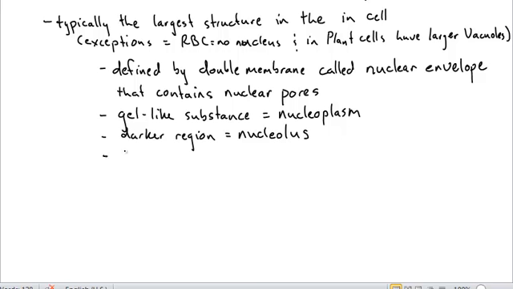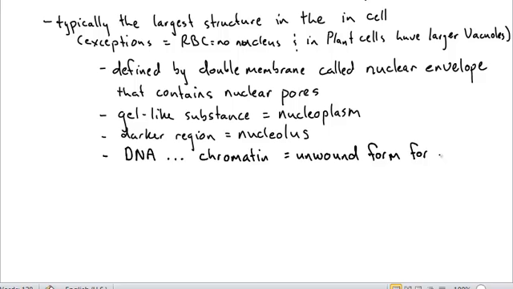And finally, you have in the nucleus the whole thing it's supposed to be containing or protecting, DNA. And DNA can be found in two forms. Chromatin, which is the unwound form. If you think of DNA like a thread, it's like a thread that's been pulled off a spool. And this is for when it's replicating.